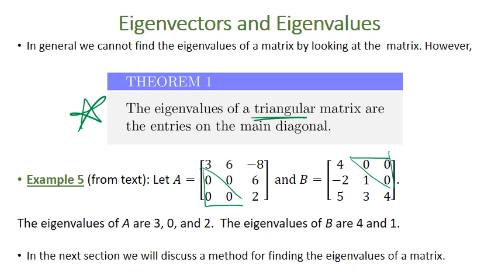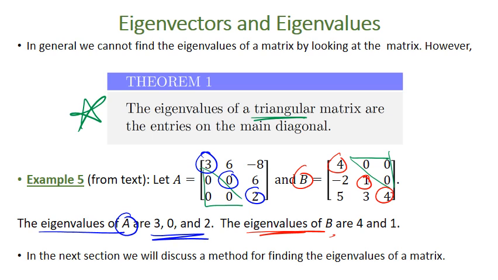So this last example here is directly from your text. Since we do have these triangular matrices, the eigenvalues for A are 3, 0, and 2, and the eigenvalues for B are 4, 1, and 4, so 4 and 1.